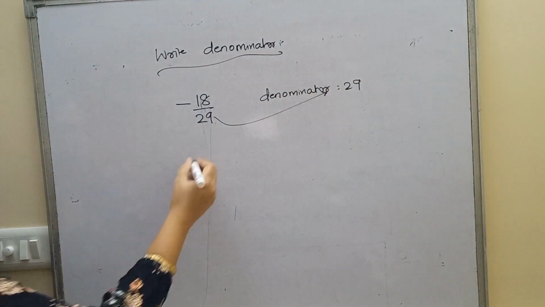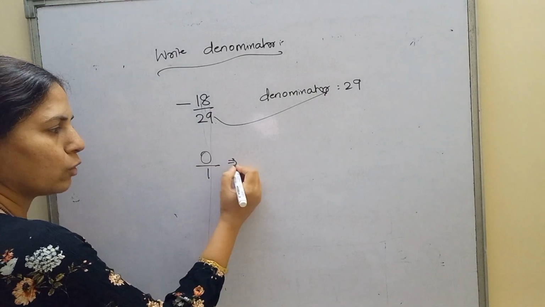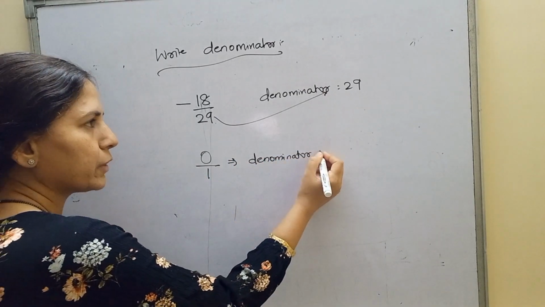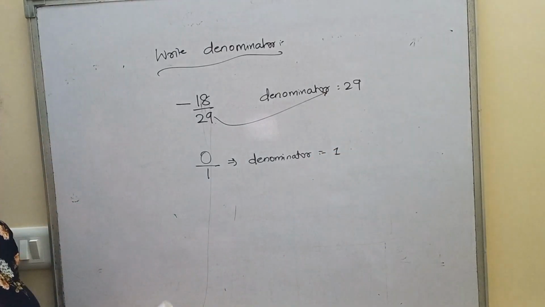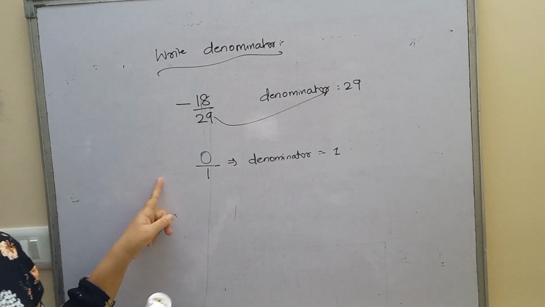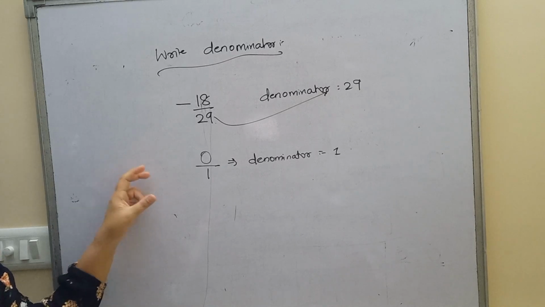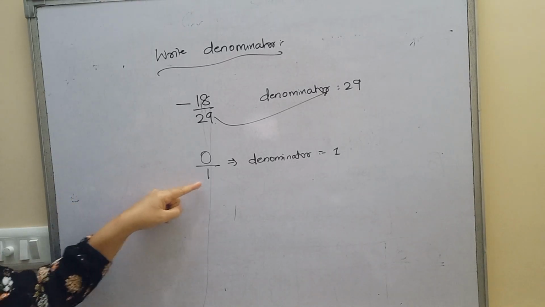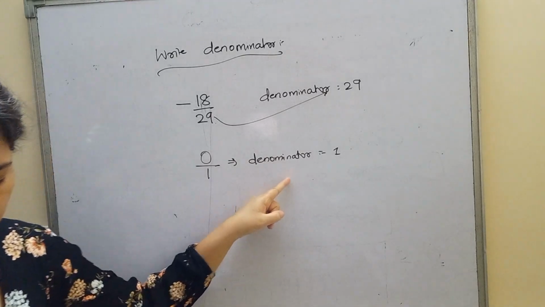What if the number is 0? Denominator will be 1. Even though there is no 1 given, you have to understand that when there is no number or the number is given as a natural or a whole number, it is a fraction. It is upon 1. So this 1 comes in the denominator.